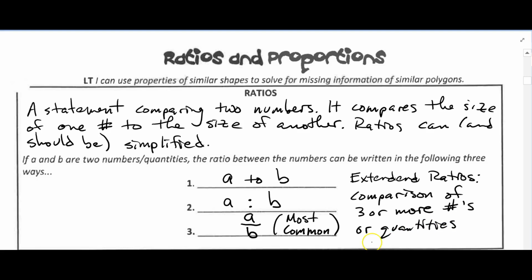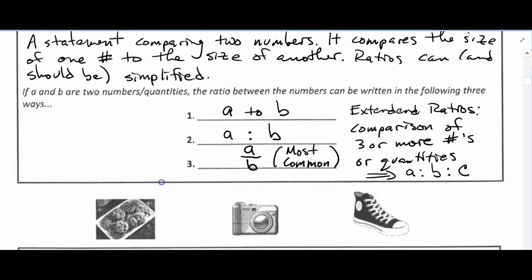So typically we'll write this using a colon, so we could say A to B to C. So that would be an extended ratio. It's comparing three quantities.